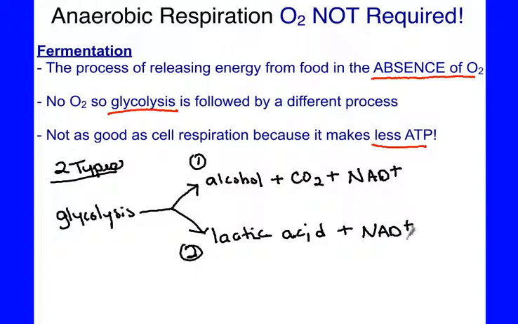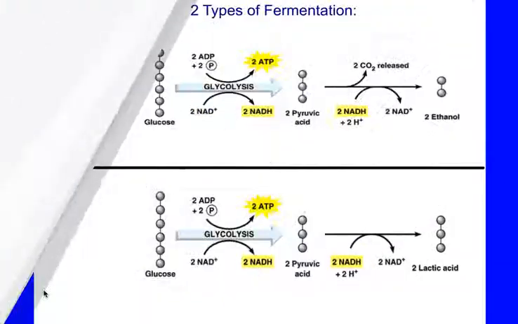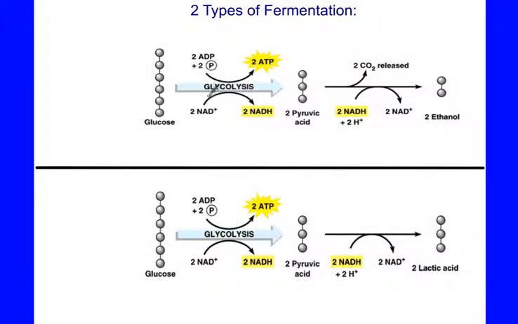Okay, so let's take a look at our two different examples. We're going to look at them one at a time. The first type that we looked at is called alcoholic fermentation. So up here we're going to put alcoholic fermentation.